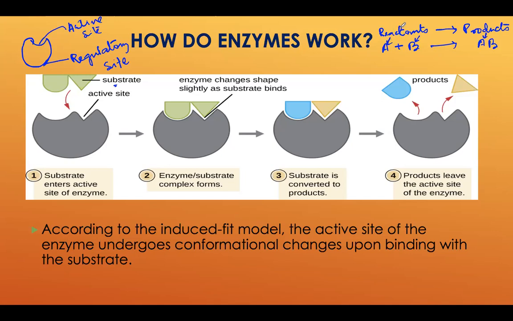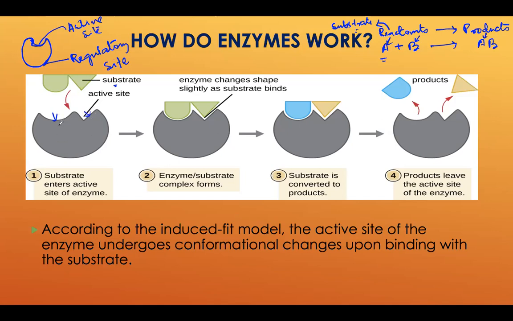So the reactants have another name, and that is called substrate. Now, this active site of the enzyme is for these reactants or substrates. In a chemical reaction, what the enzyme does is allow reactants to sit onto its body.